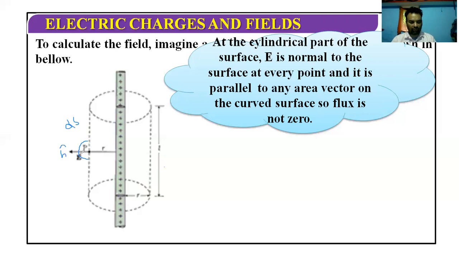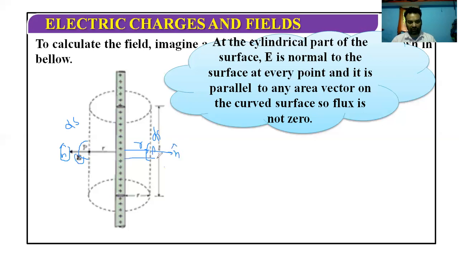Now note carefully the direction of the electric field and this normal: they are parallel. You take any side, either this side or any point P on this side also. Again, this is the same distance R, and you choose any small area element ds and take a normal to the ds, that is, take a unit vector n.